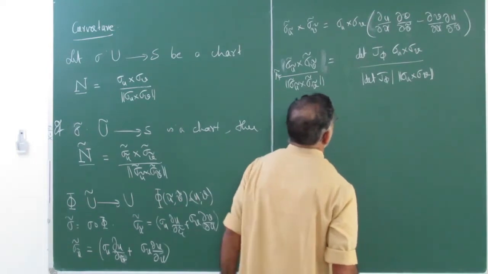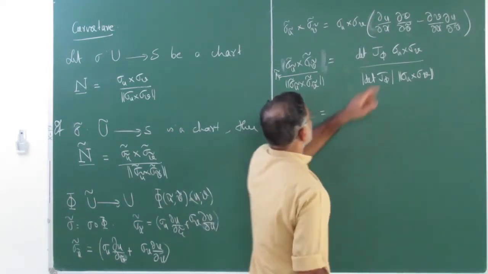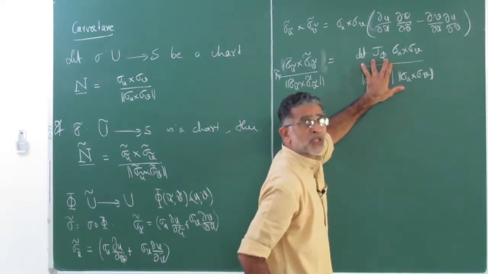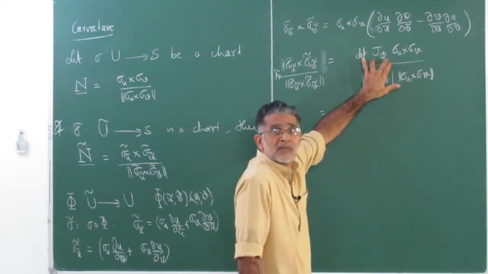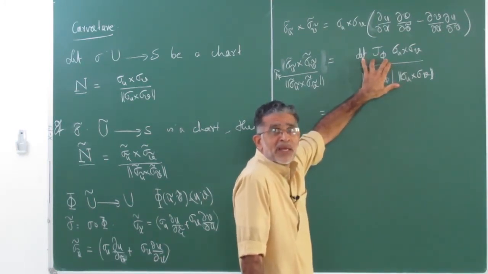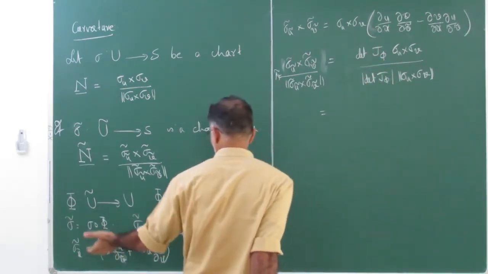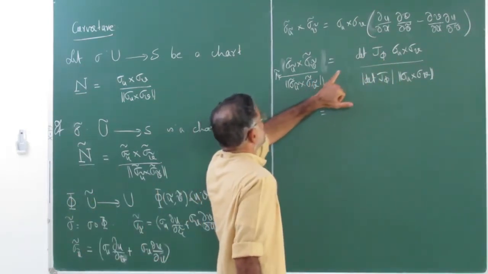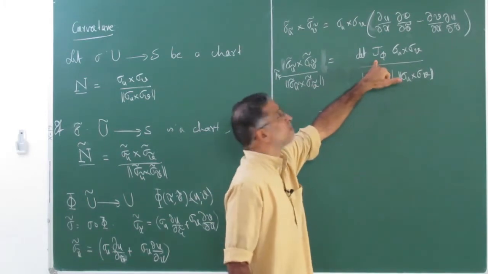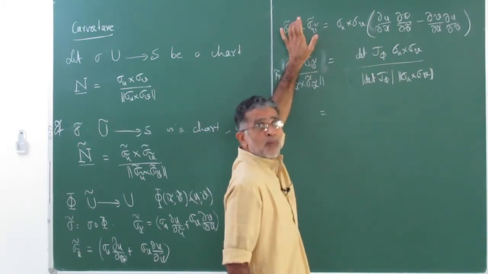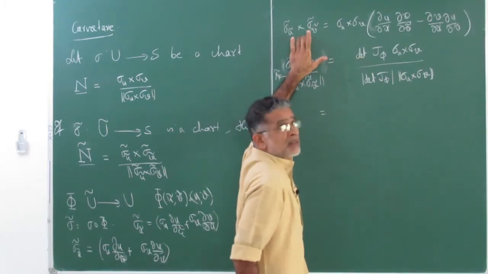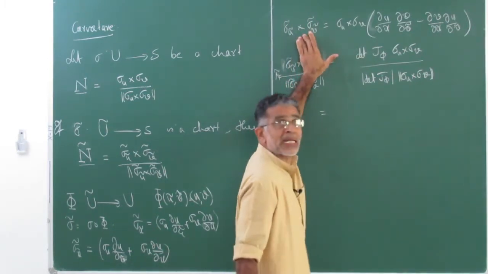Okay? And see this number, this is always non-zero, because it's a regular transformation. Phi is a regular diffeomorphism, so this has to be non-zero. If this is 0, then this itself will become 0. That's not true, because these two are linearly independent.